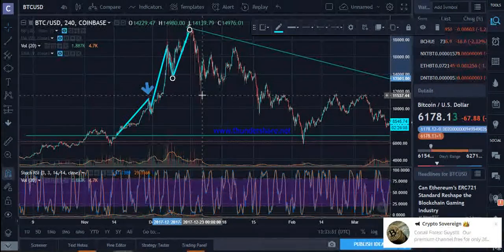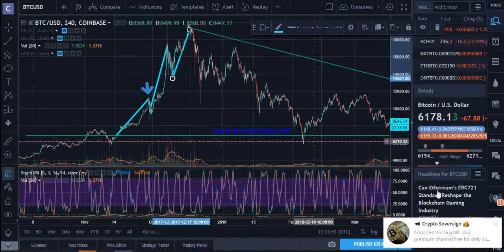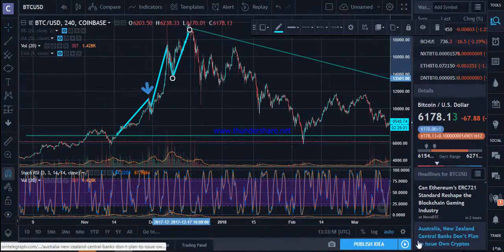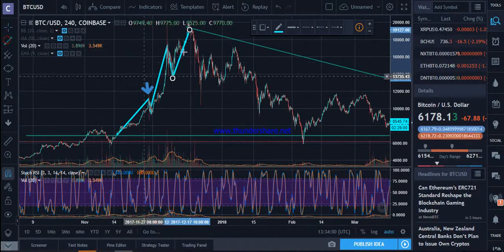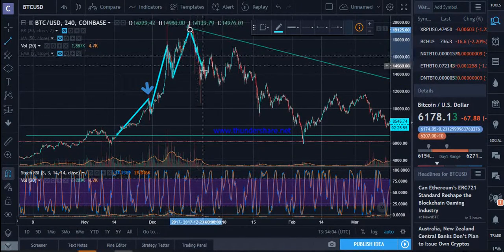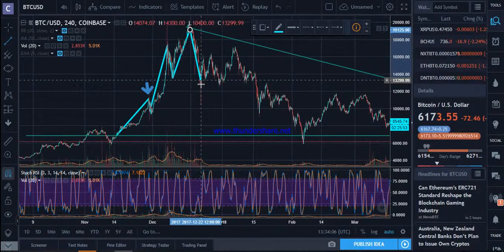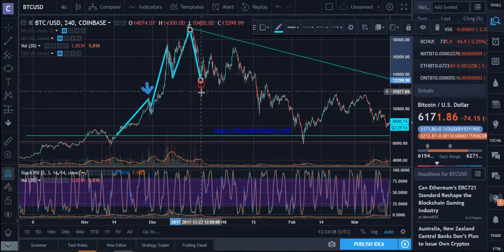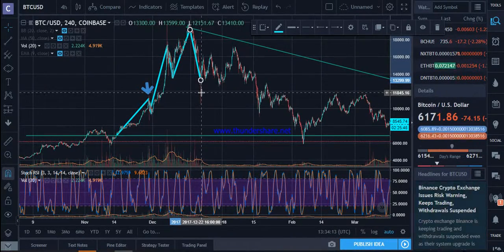If you can see very well, you realize that trade moved in this pattern, though it took a long time maybe, from all the way here to here, forming this kind of wave.